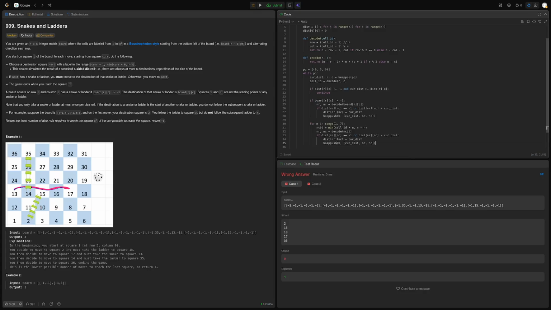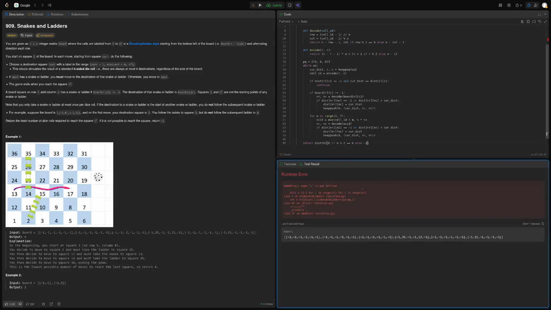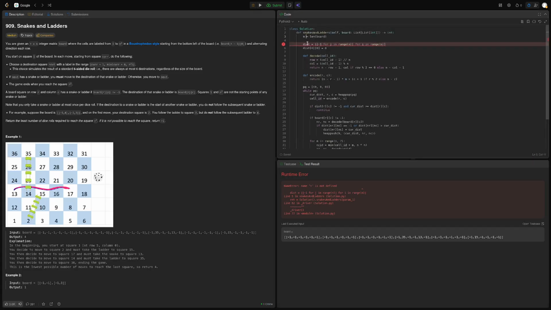Okay, and then dist, what, this 0, and now what do you want to do? And percentage 2 is 0, 1 2 3 4 5 6, then we want 0 if this, else minus 1, and n is not defined. That's great.